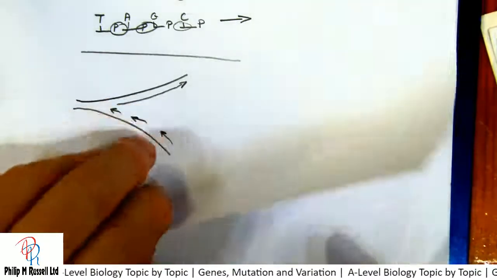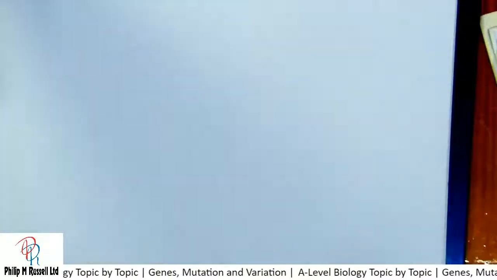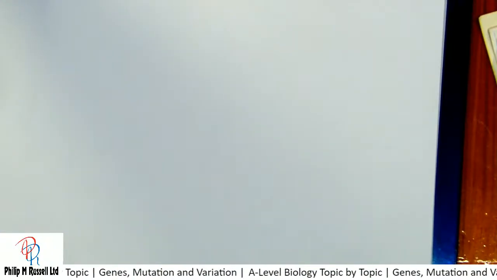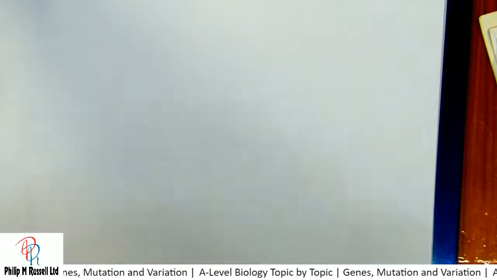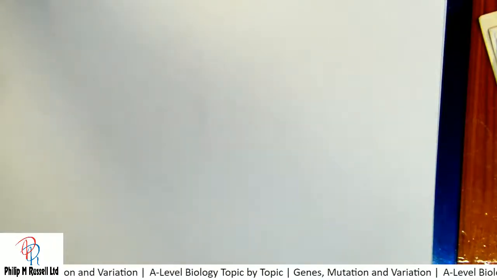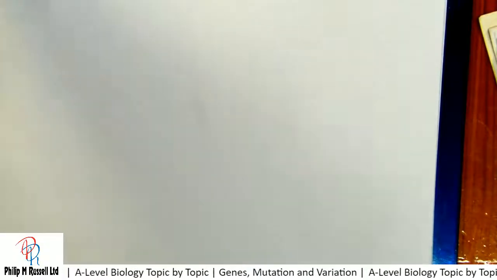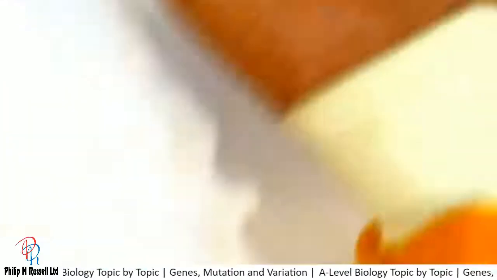There were a couple of guys, Meselson and Stahl, and they played around with some ideas, and I suppose the best way of trying to do this is to draw this out for you. I've just decided I'm going to use some coloured pens. Right, let's get some coloured pens out so we can have a look.